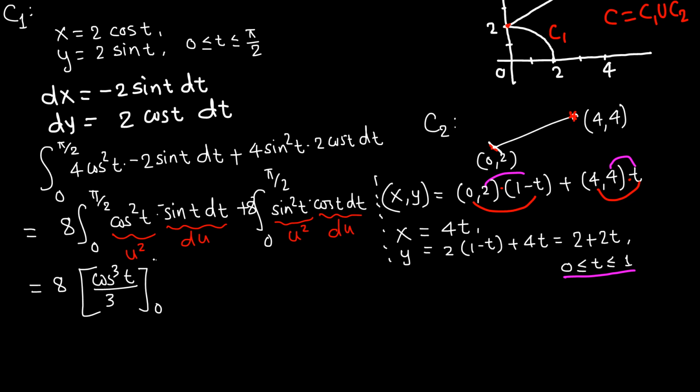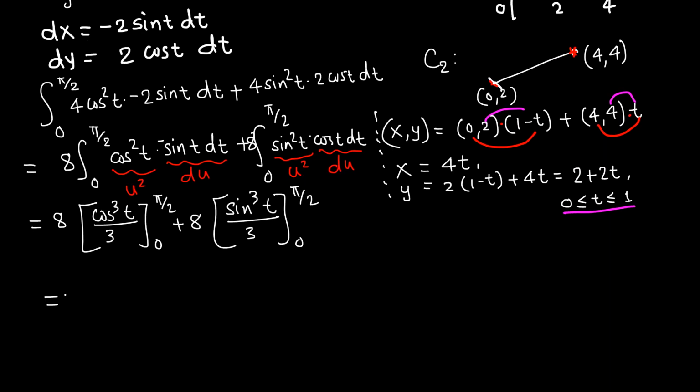So this is the same as 8 outside, u squared du, so u cubed over 3, that means cosine cubed over 3, evaluated from 0 to pi over 2, plus 8 times, same thing here, sine cubed t over 3, from 0 to pi over 2. Now the 3 can be pulled outside.